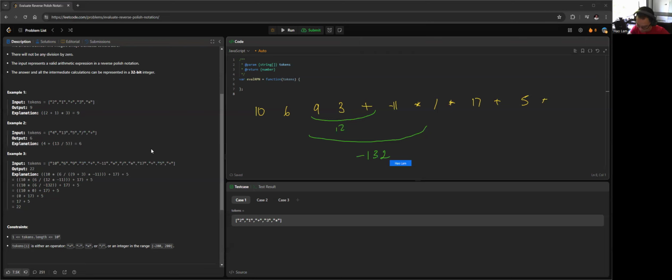Then we have this part, 6 and negative 132, and then this other part.